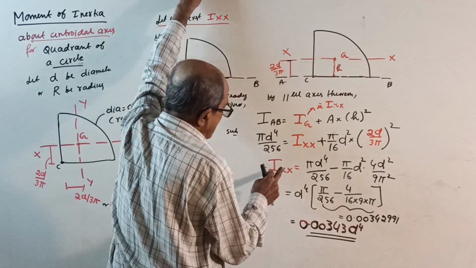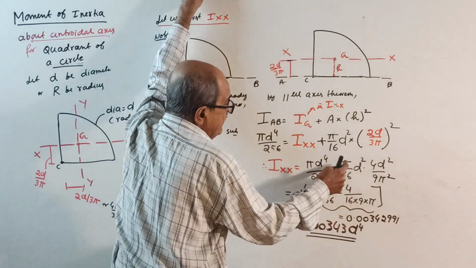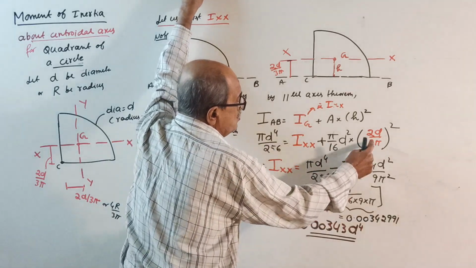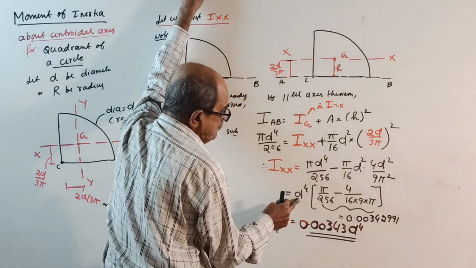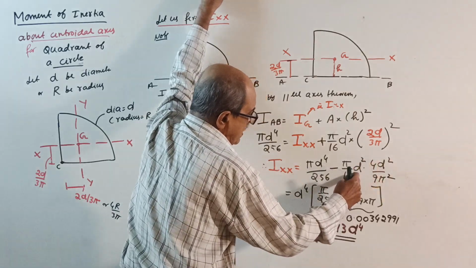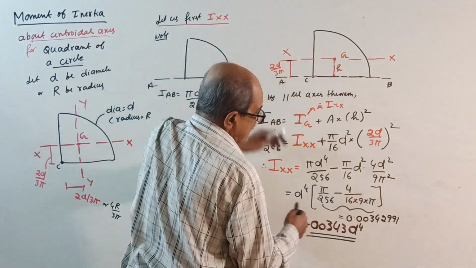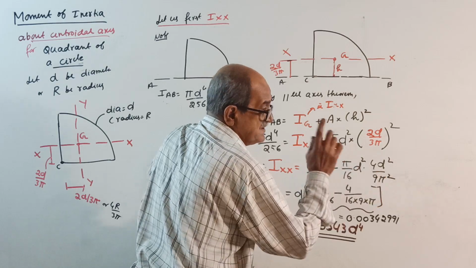Or Ixx equals pi d power 4 by 256 minus pi by 16 d square into 4d square by 9 pi square, or d power 4 outside into pi by 256 minus 4 by 16 by 9 divided by pi. It is not pi square, pi and pi square are there, so one pi will cancel.